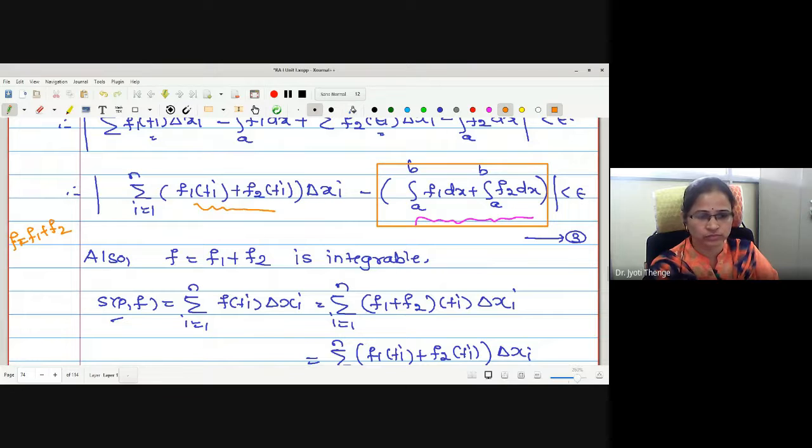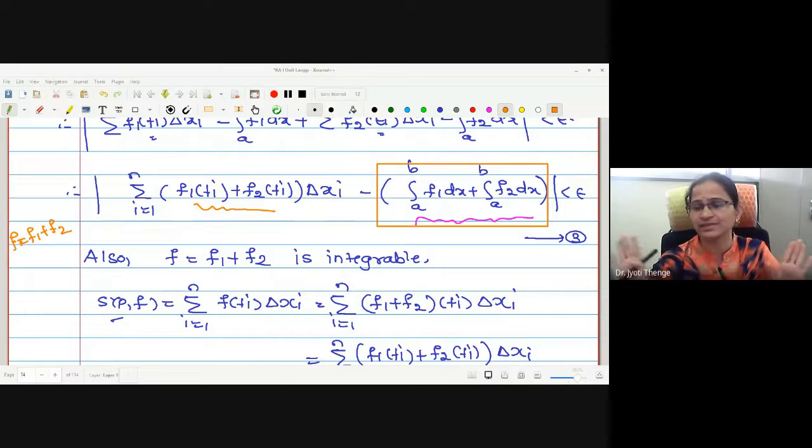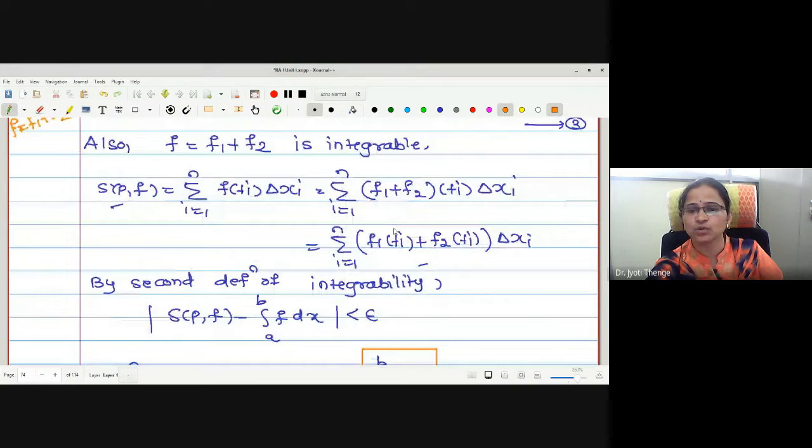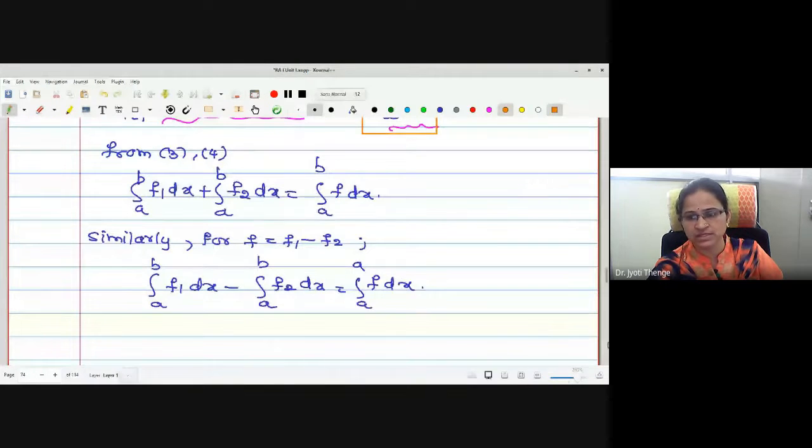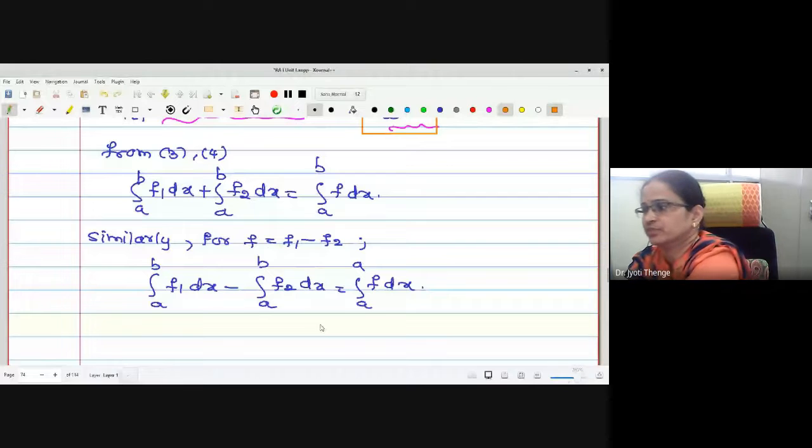We cannot have two different limits; if we have two different limits, limit does not exist. So the bracket in 3 is equal to the bracket in 4. So we have equated the values. Hence it is the proof, and then we can do the similar part for the subtraction as well.